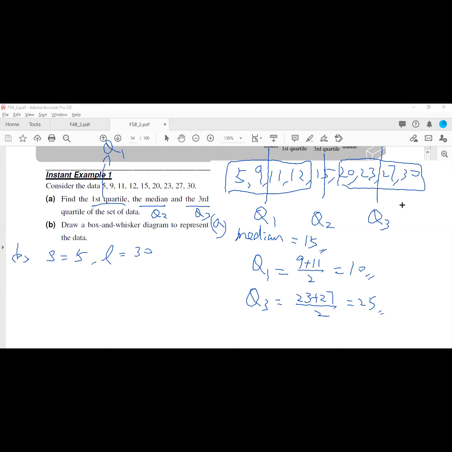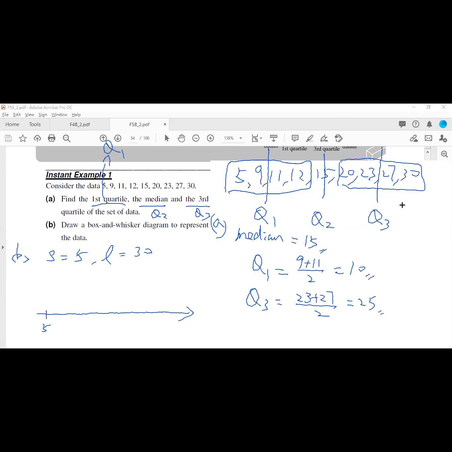And now, the box and whisker diagram is like this. We draw the axis first. The axis, and then smallest datum. Note here: the box and whisker diagram should roughly follow the scale, it should follow the scale. Okay, so 5 is smallest datum.